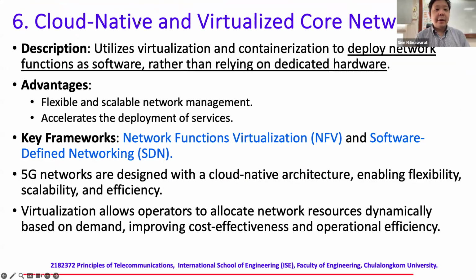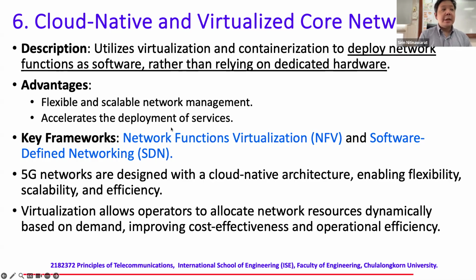In the next innovation, okay, the core networks of 5G are also virtualized, and also made cloud native, right? So this is the concept of virtualization and containerization of network functions as software rather than relying on dedicated hardware.